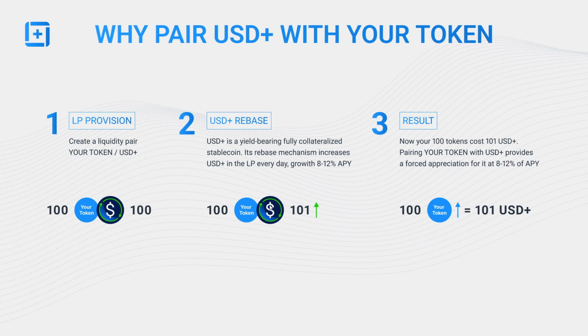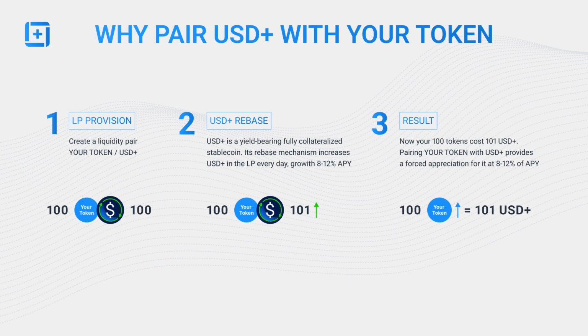So as we can see inside of this liquidity pool, the amount of USD Plus would have increased after a given time, and the amount of your tokens would stay the same. Now, what this means is that your 100 tokens are now worth 101 USD Plus, which also means that the value of your token is also increasing because of the rebases that USD Plus offers within that liquidity pool.